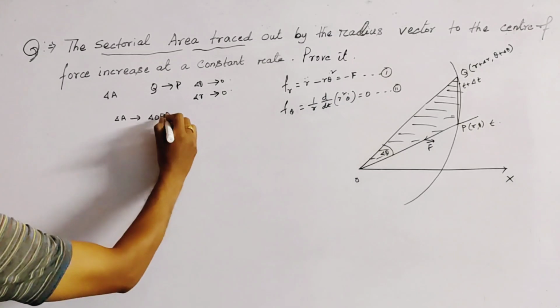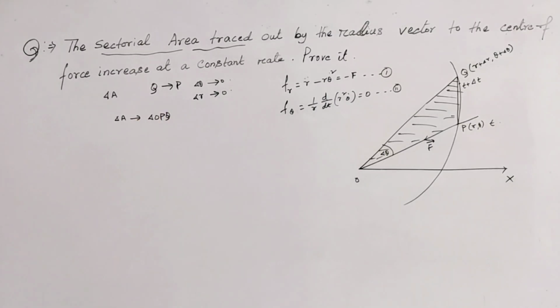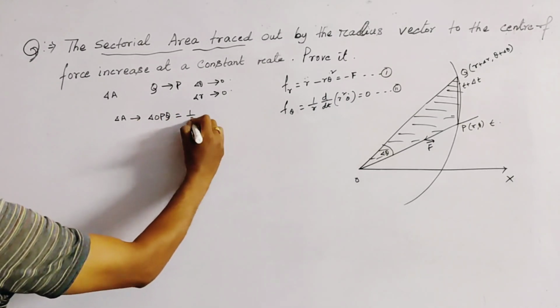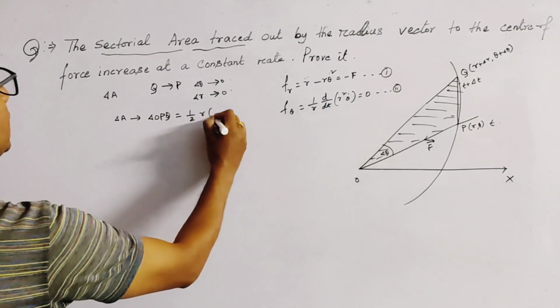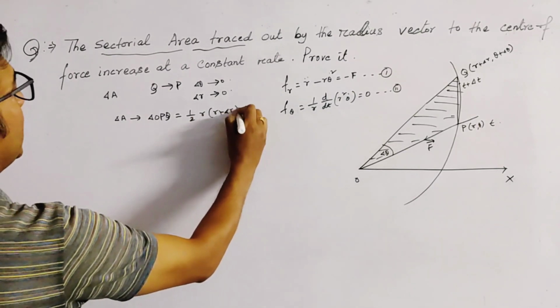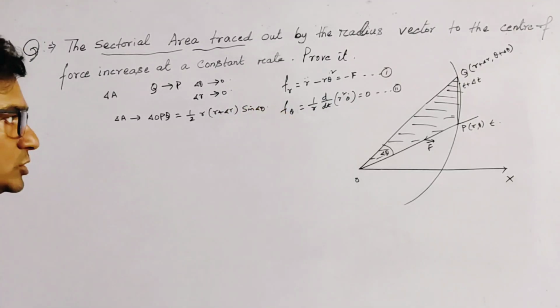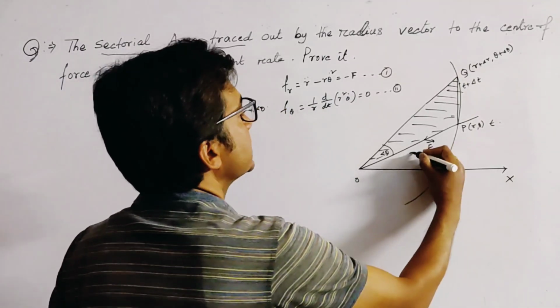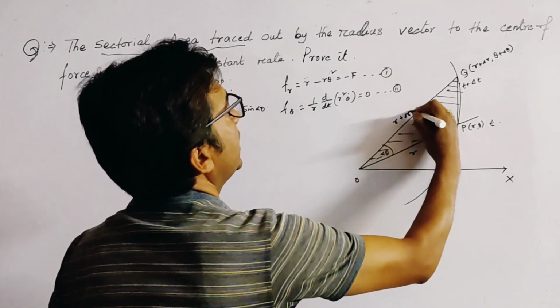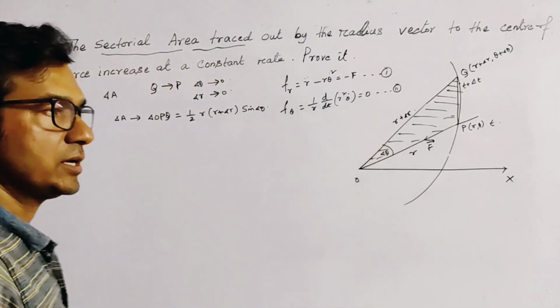The area of this triangle is half into r plus delta r into sine delta theta, because two sides of the triangle are r and r plus delta r, and the included angle is delta theta.